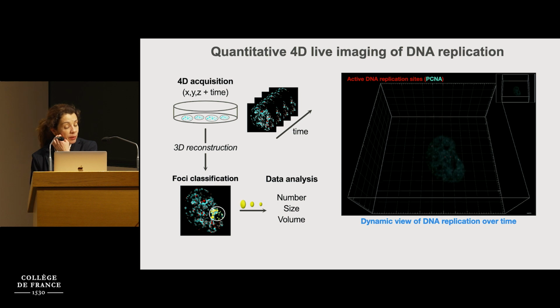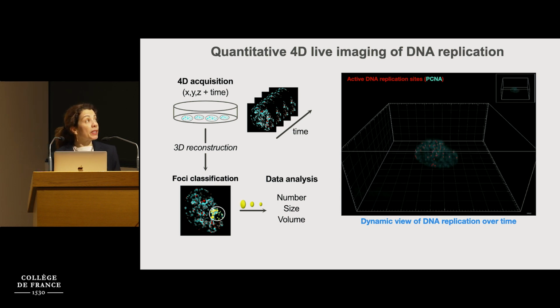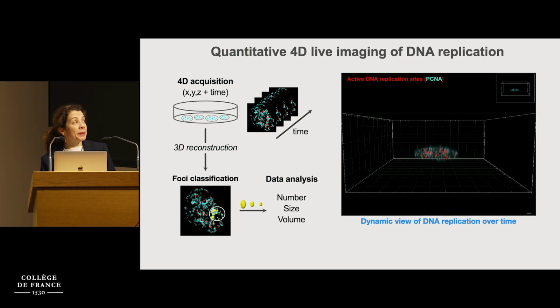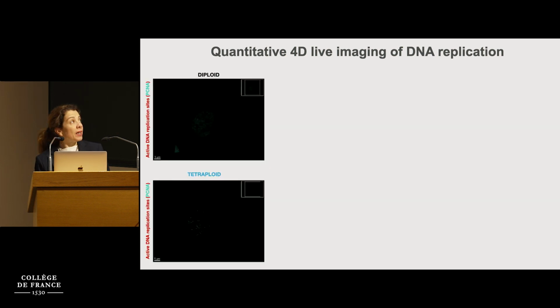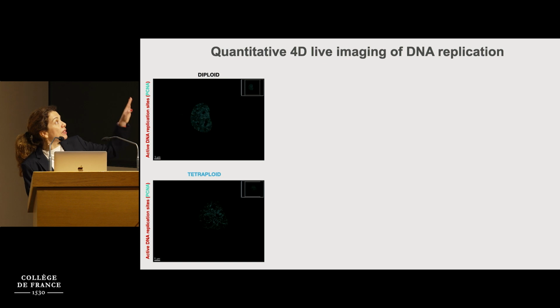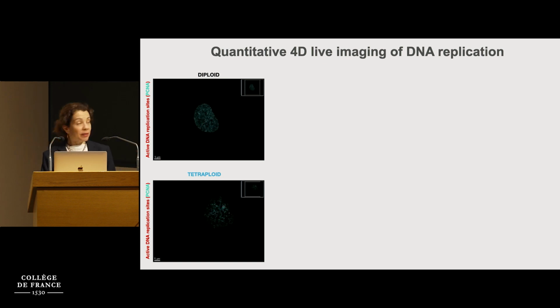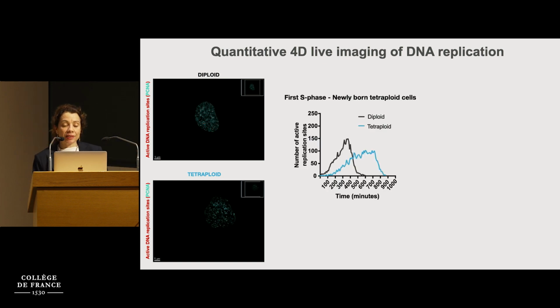Now, at this time, we started looking at DNA replication by looking at PCNA behavior, and we realized that PCNA was actually behaving very differently between diploid and tetraploid cells. I hope you can see the salt and pepper behavior. Maybe it's easier like this.